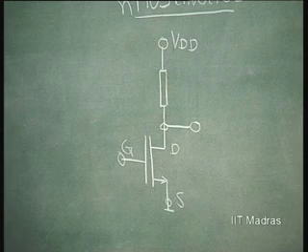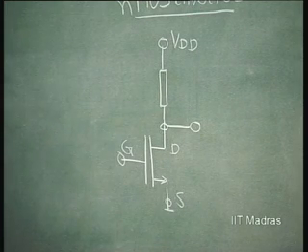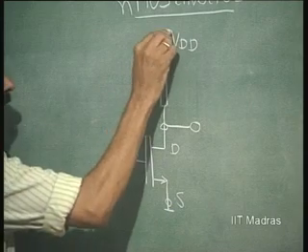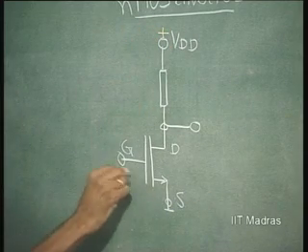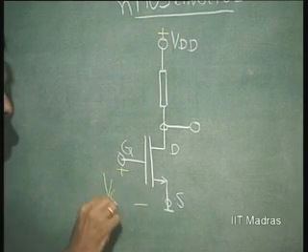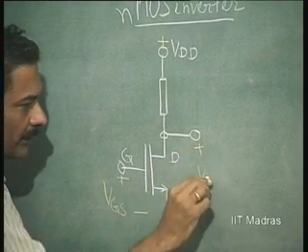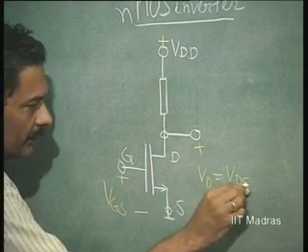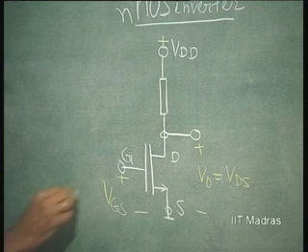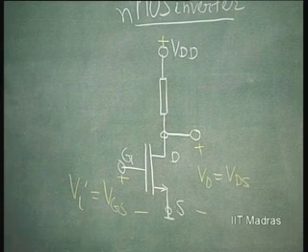Now, consider this simple circuit. We have this as, let us say, positive, and here we are applying VGS, and this is the output voltage, which is equal to VDS. This is the input voltage.